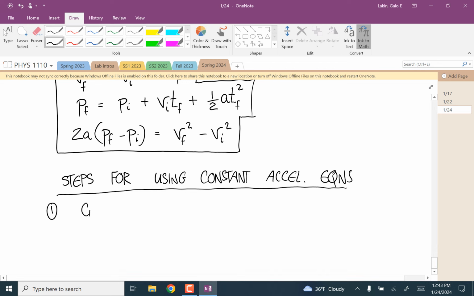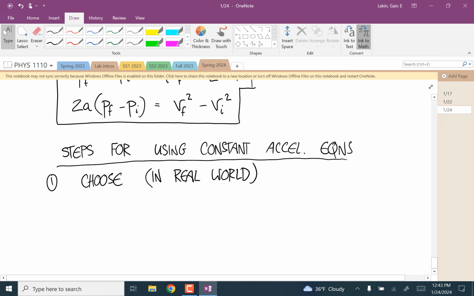So the first thing you have to do is choose, and these choices are in the real world. You can imagine putting tape on the street or putting an arrow in this direction on the street. This stuff is all happening in reality. So choose a location that you're going to call position equals 0.